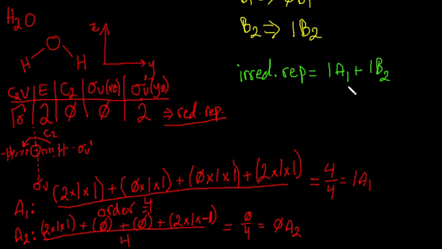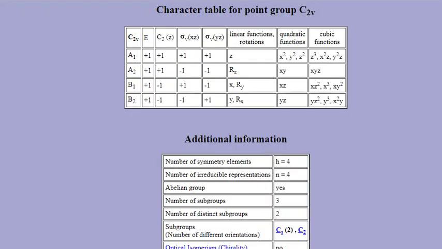Now, what does this mean to us? Now, we are looking at the sigma bonding, remember. In this case here, we can go back and see which orbitals are listed under A1. In this case here, we have the s orbital and the pz orbital. Now remember that this here is just a representation of the s orbital.